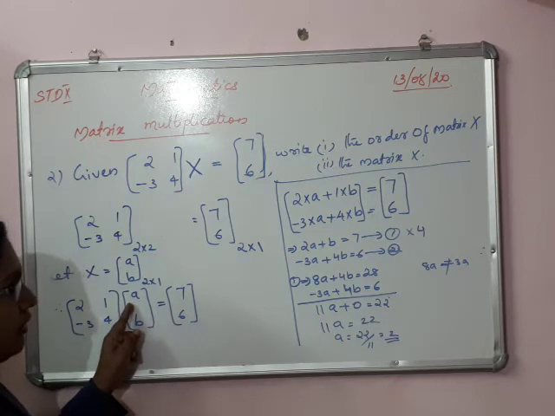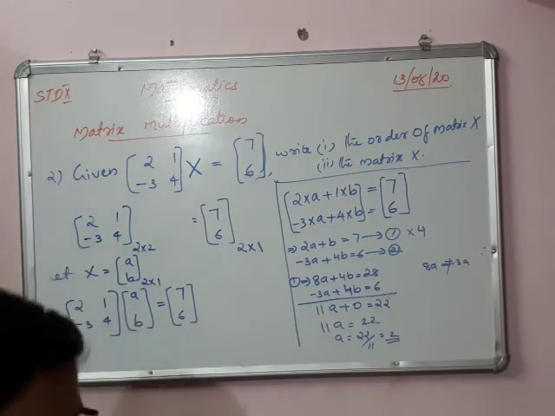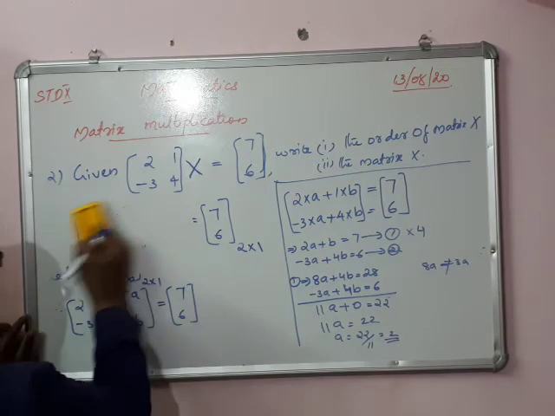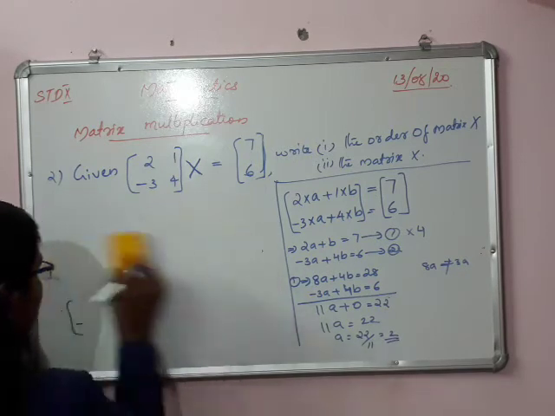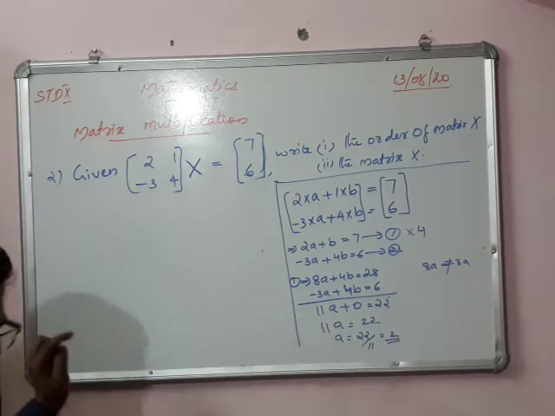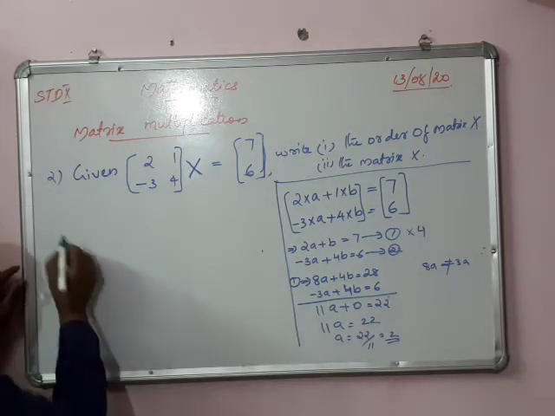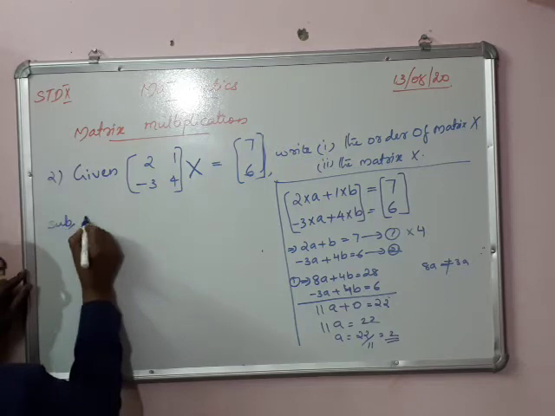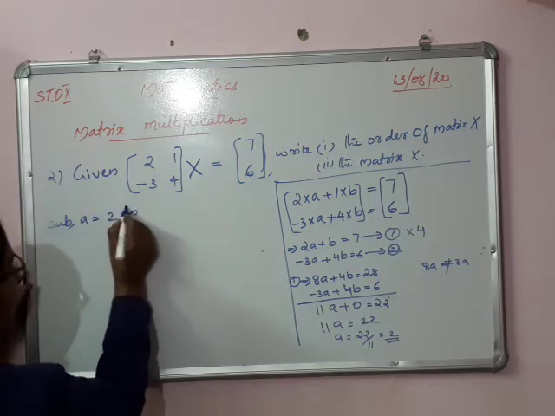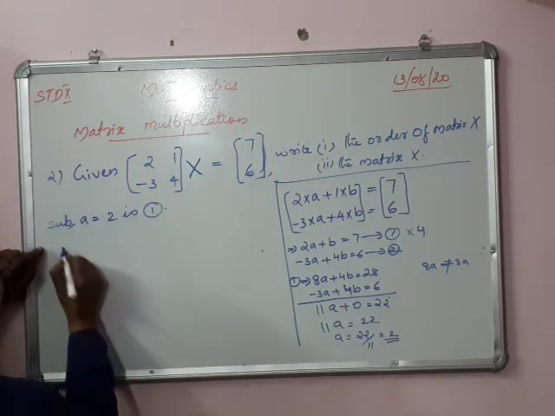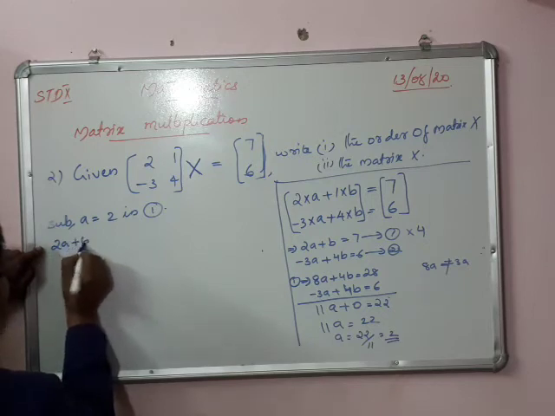Similarly, we can substitute in our equation number 1. Substitute A is equal to 2 in equation number 1. That is 2A plus B is equal to 7.